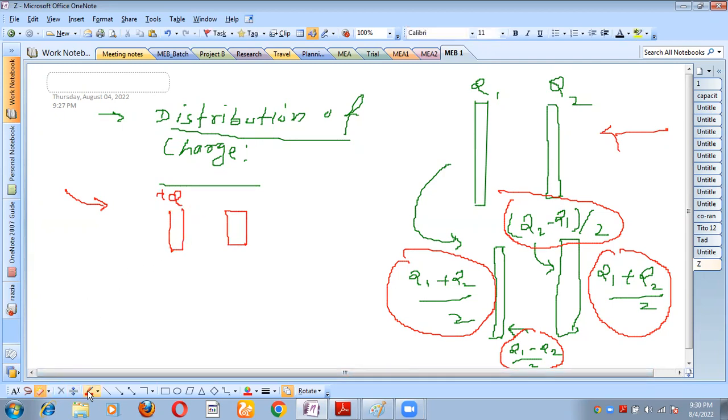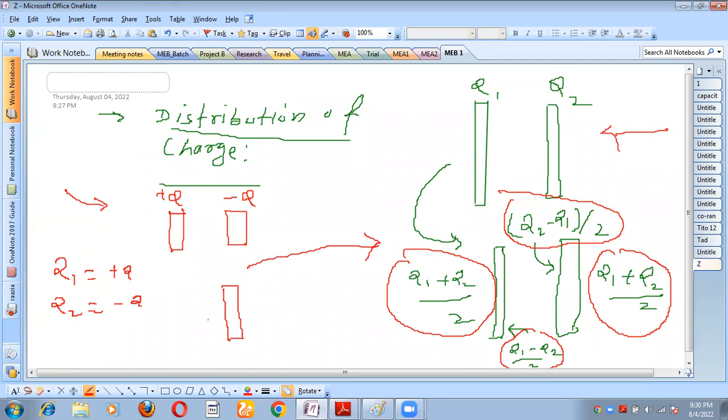If you put equal and opposite charges on the two plates, here we put Q1 equal to plus Q, and here we put Q2 equal to minus Q. Putting these in the expression, charge on the outer surface becomes 0, since Q1 plus Q2 is 0.